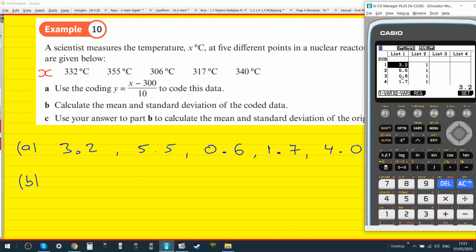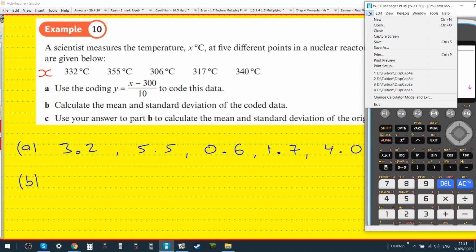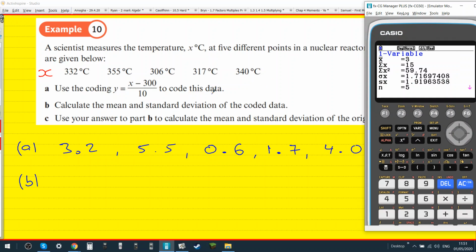So I got, for the mean, 3, and for standard deviation, I got 1.72.